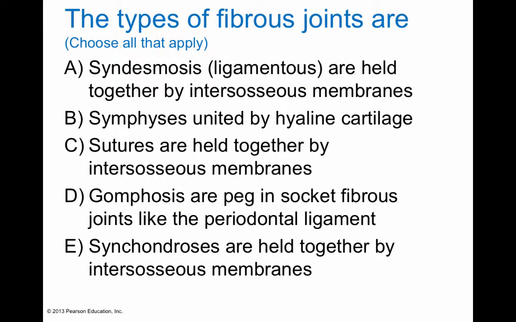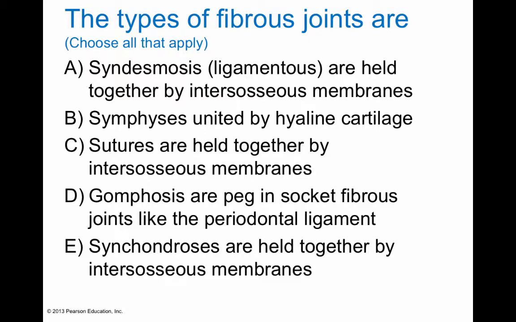of fibrous joints. So let's go for a question here really quick. The types of fibrous joints are what? A, syndesmosis or ligamentous are held together by interosseous membranes. B, symphysis united by hyaline cartilage. C, sutures are held together by interosseous membranes.